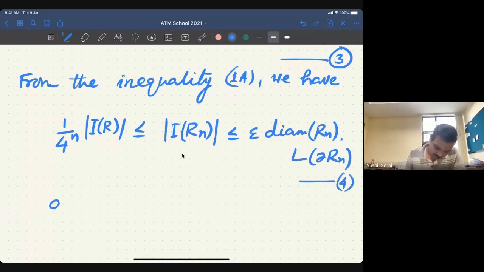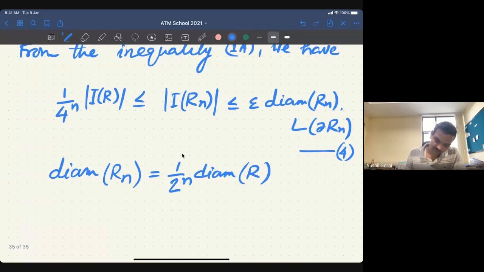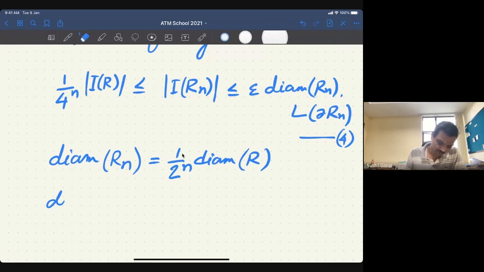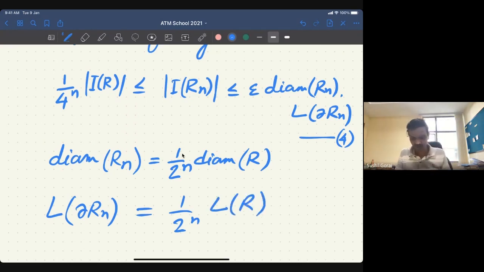Now we have this relation: since we are always dividing by half, the diameter of Rn will be 1 over 2 to the power n times the diameter of R. Similarly, the length of del Rn will be 1 over 2 to the power n times, sorry, not diameter in this case, it is length of del R. We are just looking at the perimeter here.